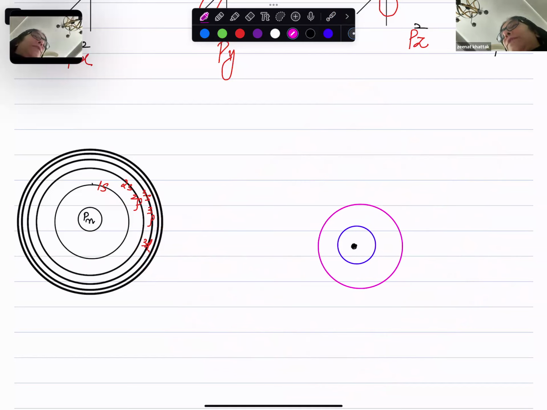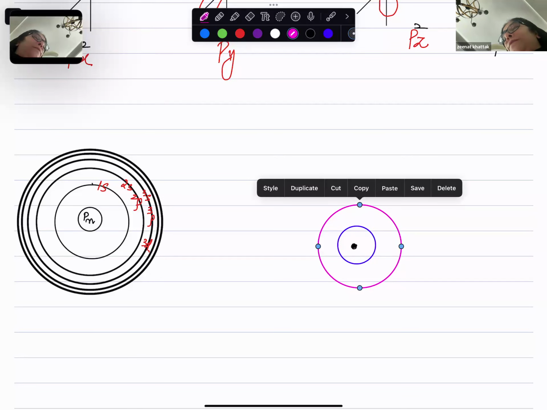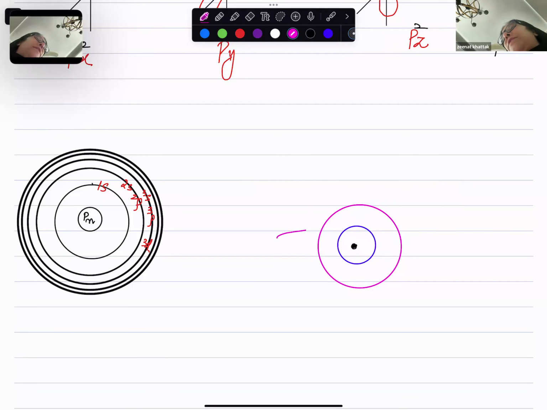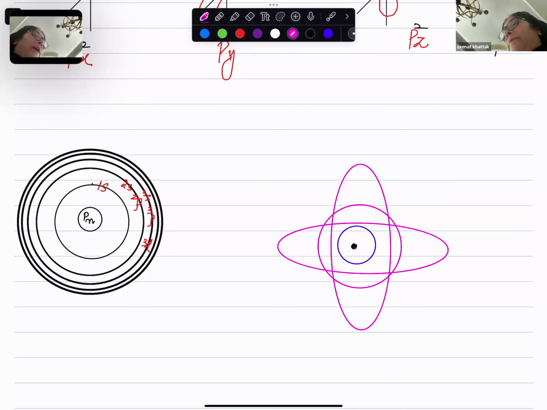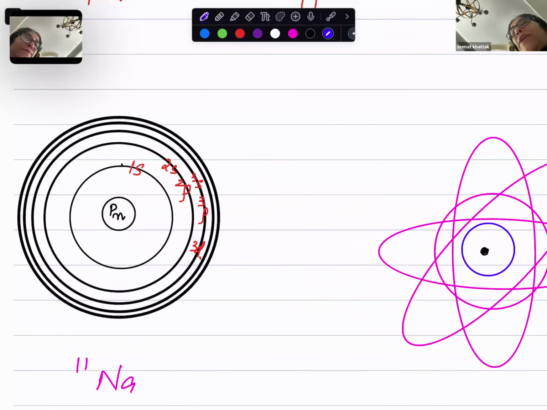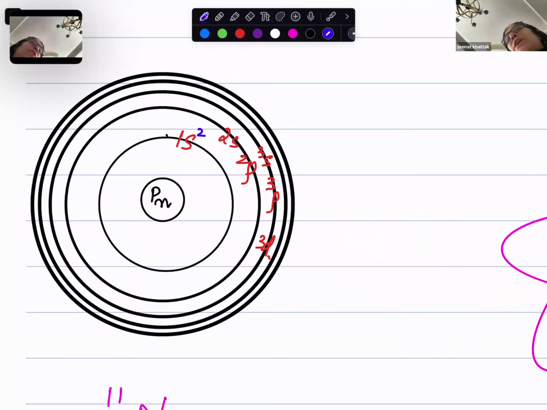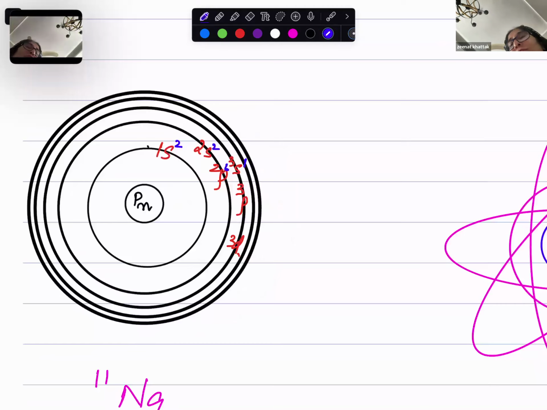Any atom, like sodium: 2s, and then 2px, 2py, 2pz. Look, sodium has 11 electrons. Out of 11, 2 are in this, then 2 and then 6. That's 10, and 3s is 1. This is sodium.